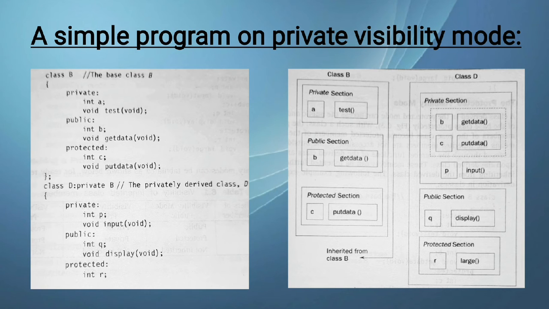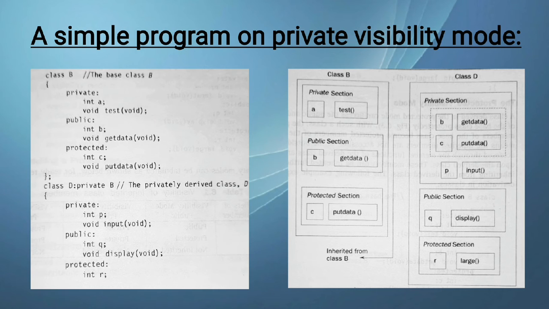In terms of public visibility mode, here you also have the data member int b and the member function void get data(void). These members are declared as public.